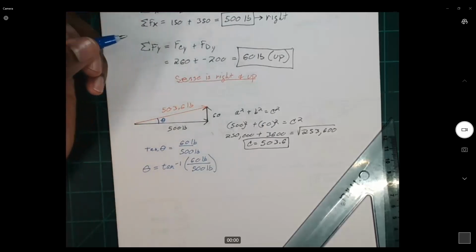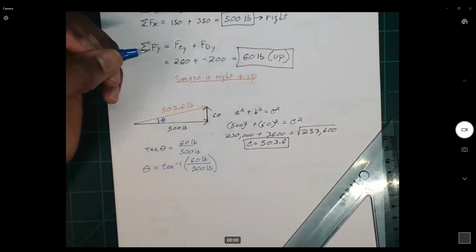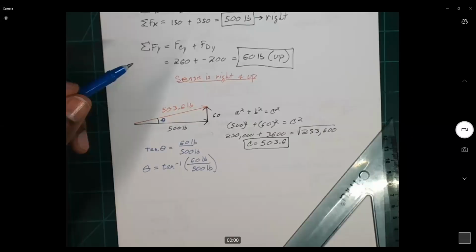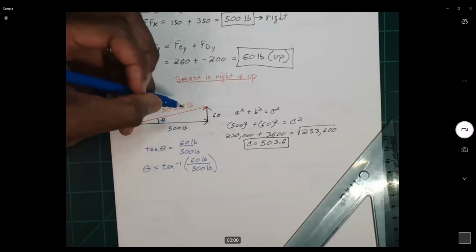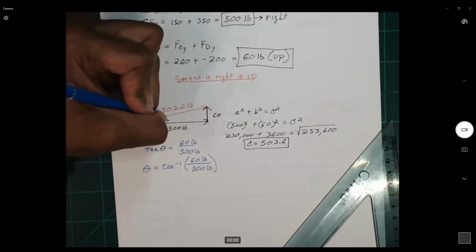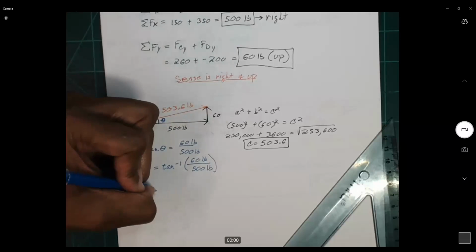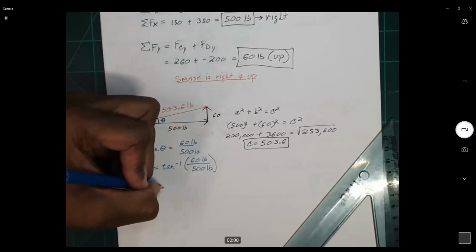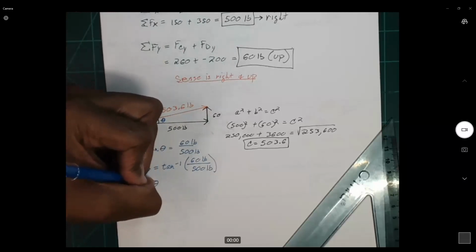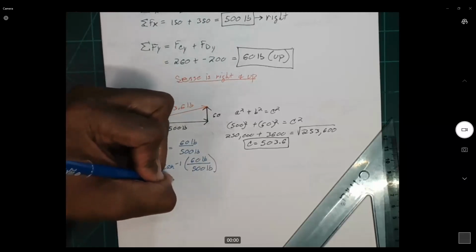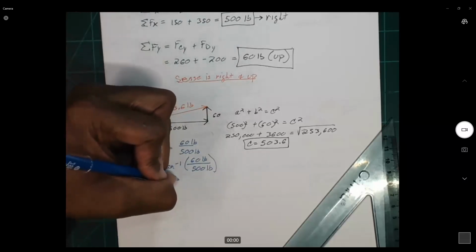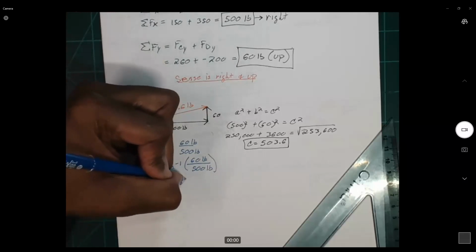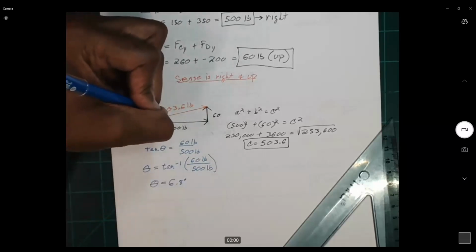And let's go ahead and solve for that. Okay, so when we solve for the reverse tangent to find our angle, we get theta equals 6.8 degrees. We'll just say 7 degrees.